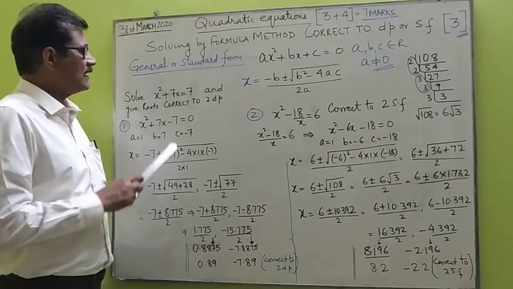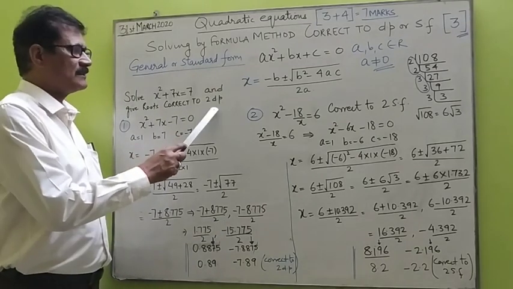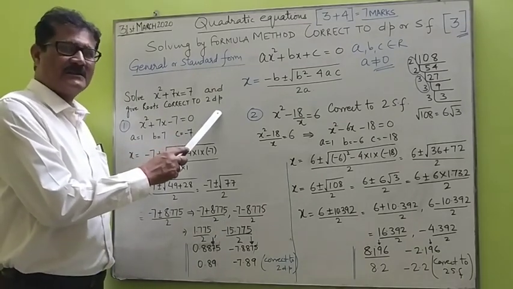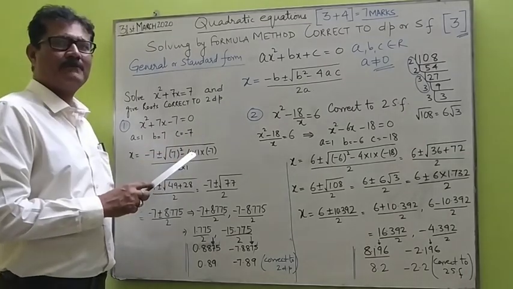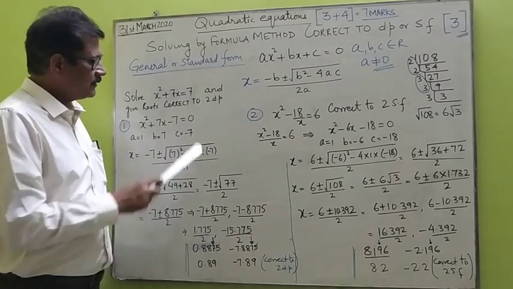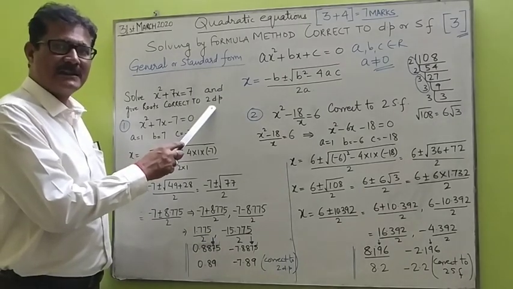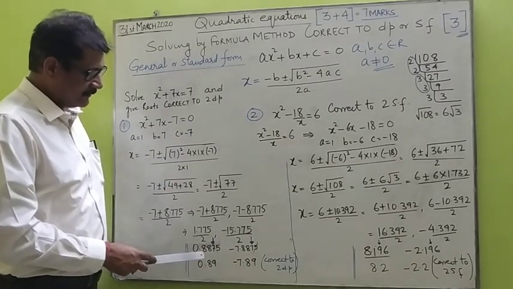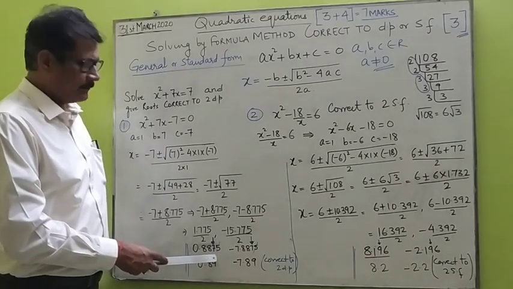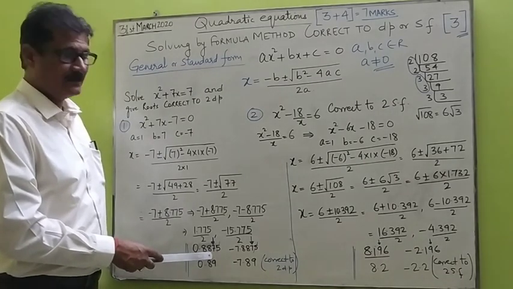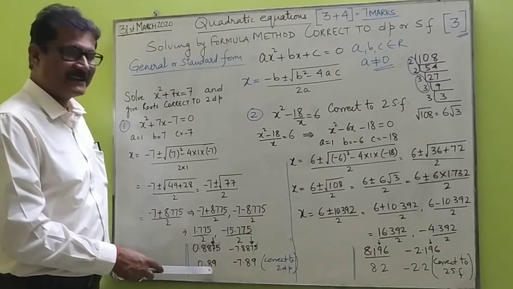Now, since the answer has to be found correct to 2 decimal places, the approximation of numbers says that we have to always see a number after the required places. So, we look at the third decimal place. The third decimal place here is 7, which is more than 5. So, the number prior to it will increase by 1. So, the answer is 0.89.